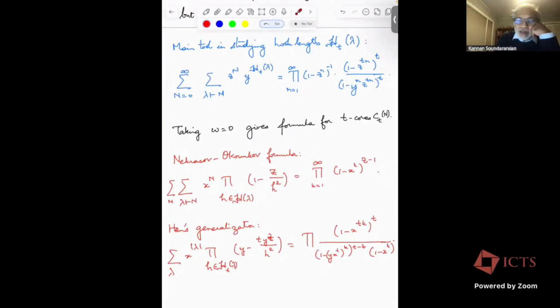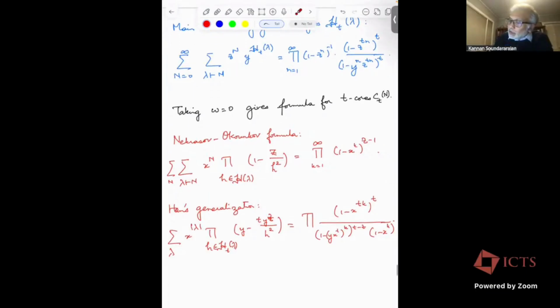So this formula, if you take z equal to 0, will give you the formula that I wrote down here, that formula of Han. So if you take z equals 0, that goes away and gives you exactly what I have here on the right-hand side. And here, what I have is y to the number of boxes that have a hook length that's a multiple of t.